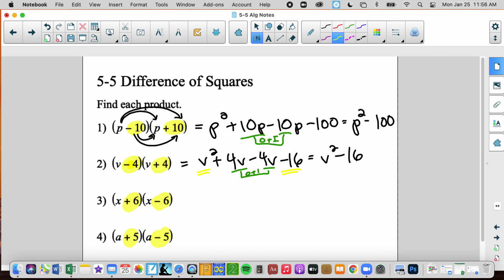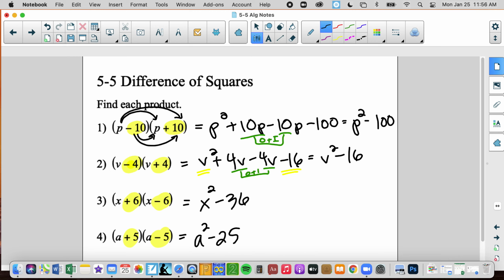Our inside and our outside will cancel, so we're left with first times first and last times last. So knowing that, what would we expect to get from x plus 6 times the quantity x minus 6? Well, our first times first and our last times last. What would we get for number 4? We get our first minus our last.